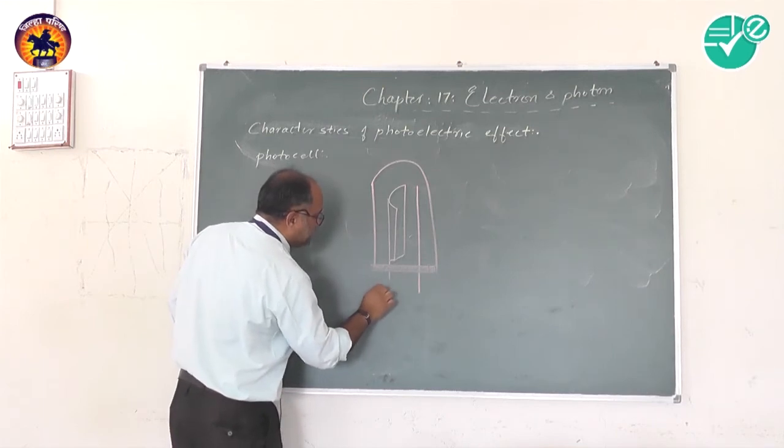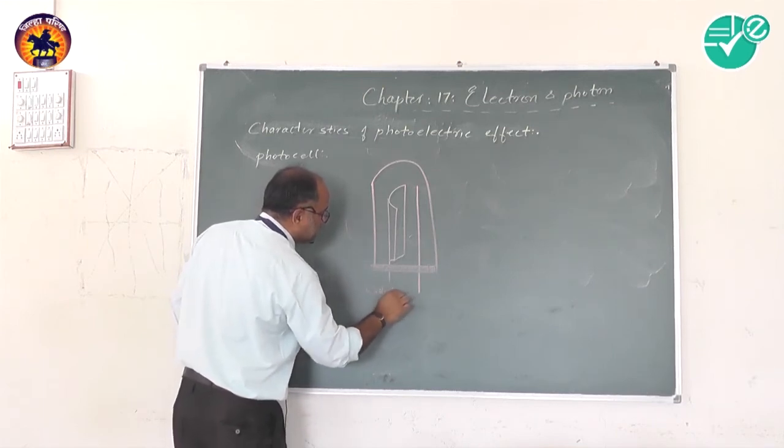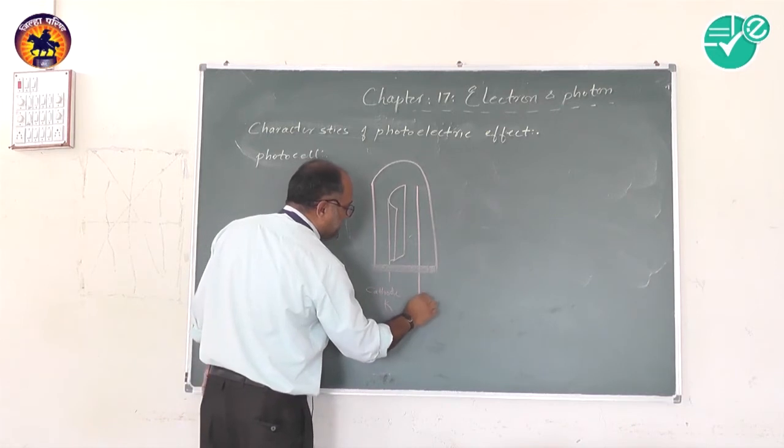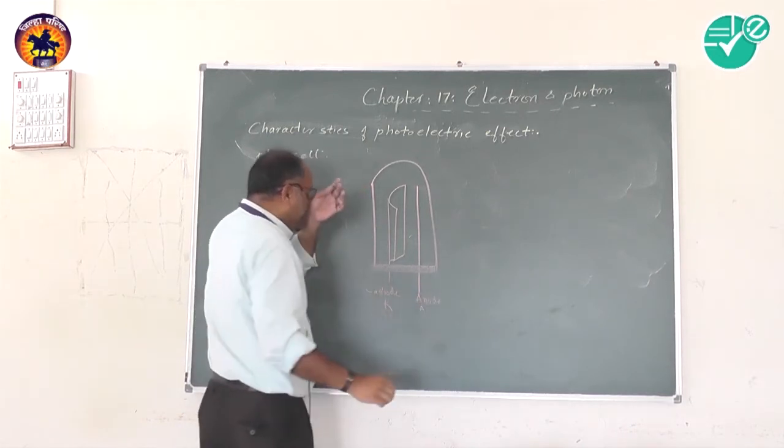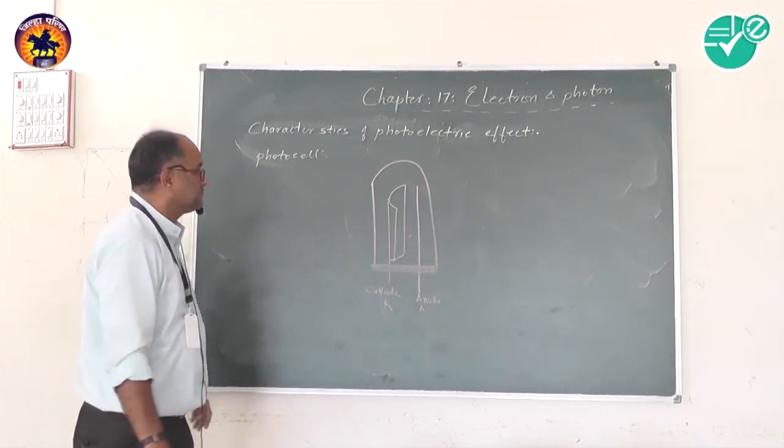It is the cathode K, and it is the anode A, or sometimes it is also called the plate.